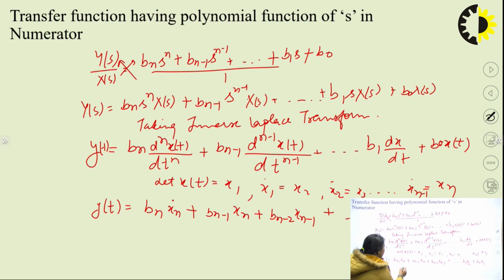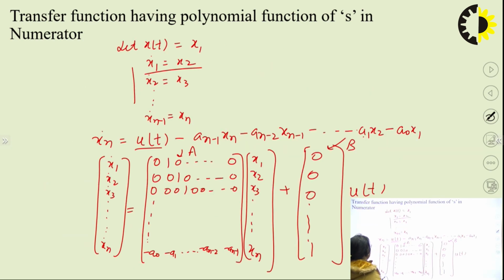Now what to do with this x0? I'll put the value of x0 from the previous slide in this equation. This equation will be put in that output equation.